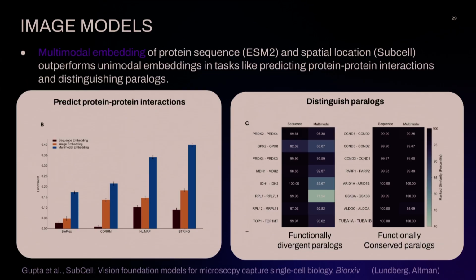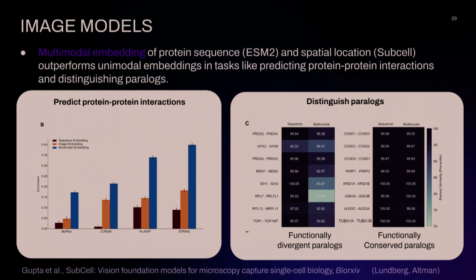And even more interesting, the plot to the right, it's maybe a boring plot, but it's the most interesting plot I'm going to show here. So if we take a biological question like paralogs, that is genes that have a common ancestor, they duplicated somewhere back in evolution, but that are either functionally divergent, so they've evolved to have different functions, or are functionally similar. They duplicated but kept the same function.